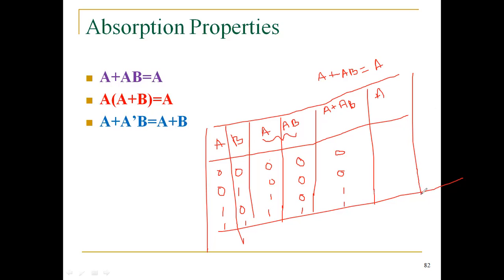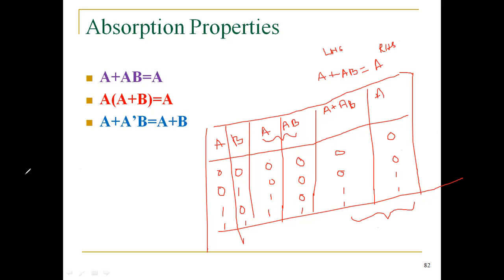In Boolean expressions, 1 plus 1 equals 1. Then A you write as it is. So this particular law is justified here. A plus AB equals A: this is the LHS and this is the RHS, proved by using the truth table.